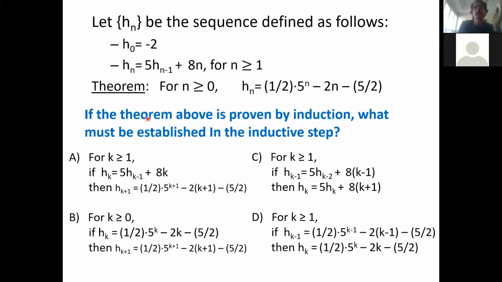So once you're done with the base case, so you do show that this is true for n equals 0. Okay, it's the easy part. Then what remains to be proven in the inductive step? It is some implication, but exactly which of these four is the one you should be proving?